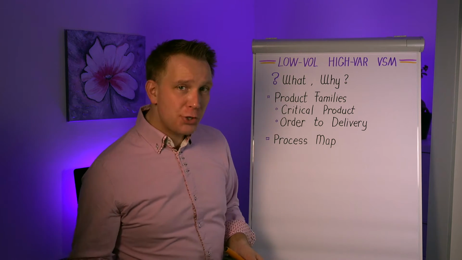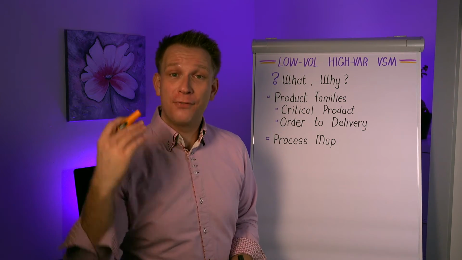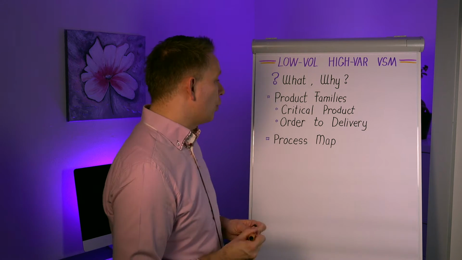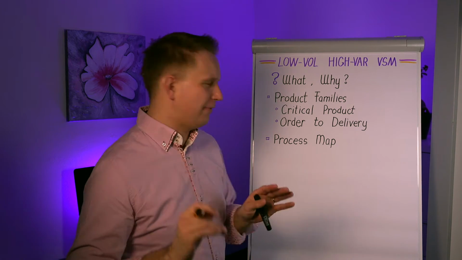If that is the assumption you have, then mapping out the process is a very good choice. But here we also have a couple of pointers to make sure it works in this environment as well.